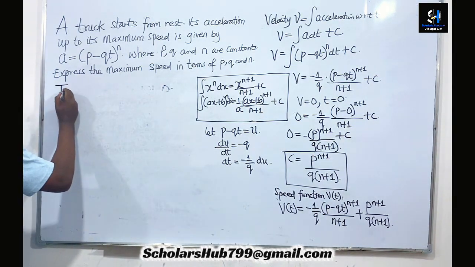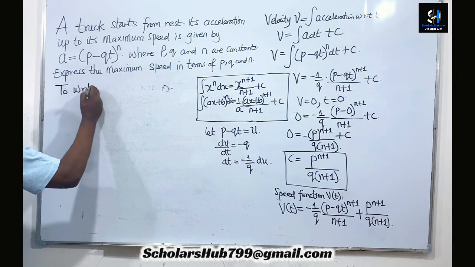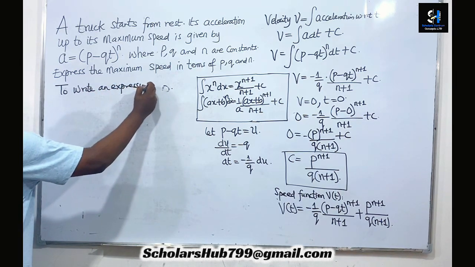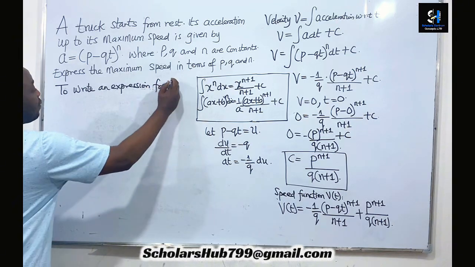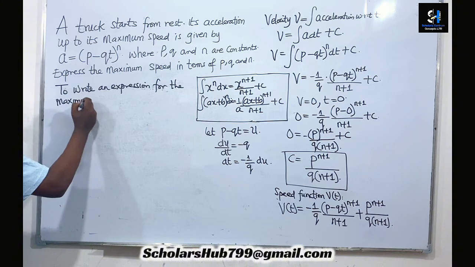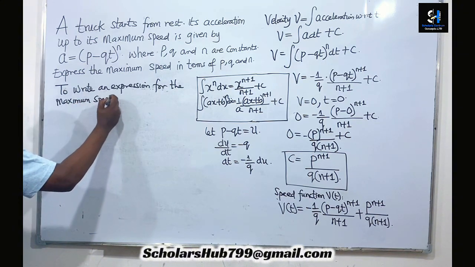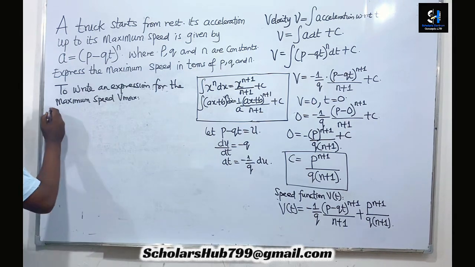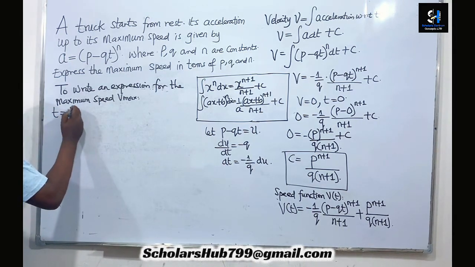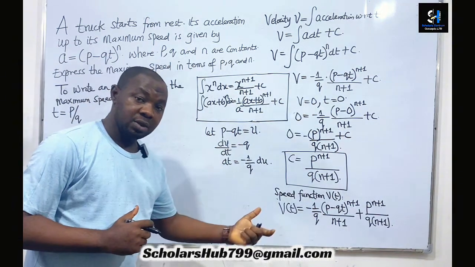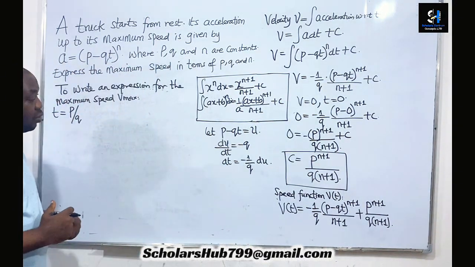Now, to write an expression for the maximum speed, we have that t equals p over q, which is the time duration from rest up to the maximum speed.